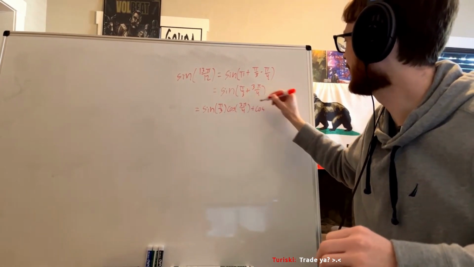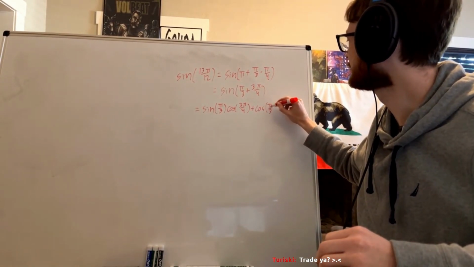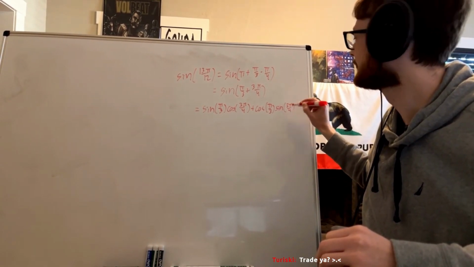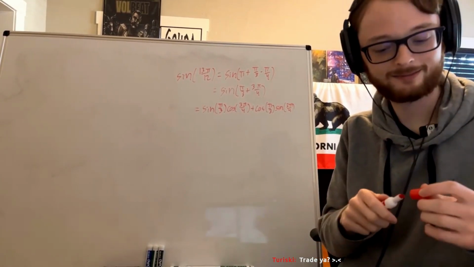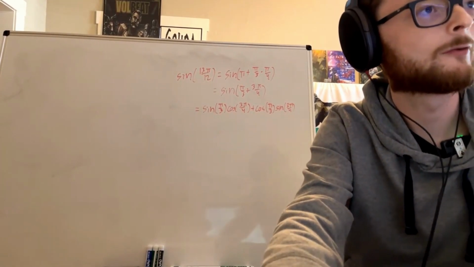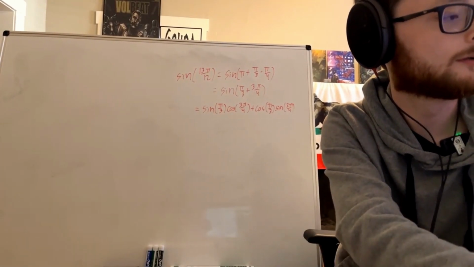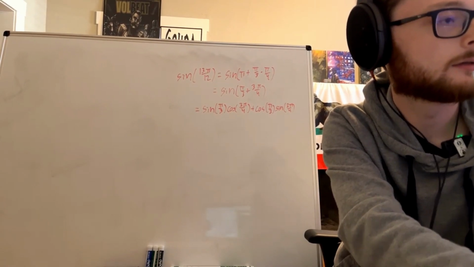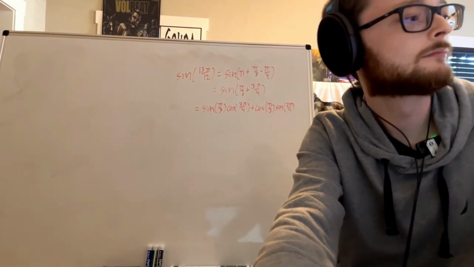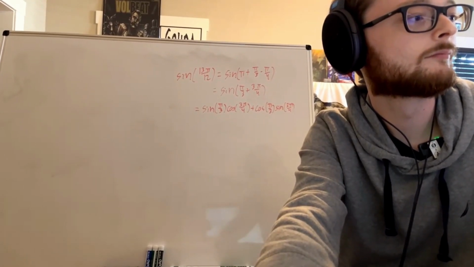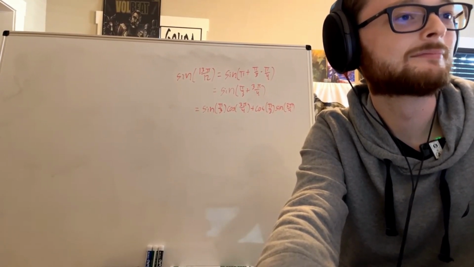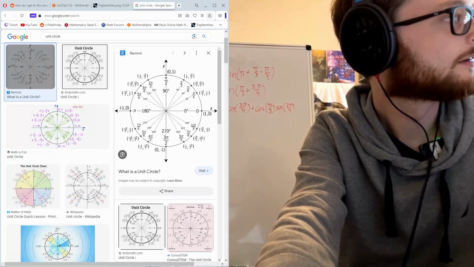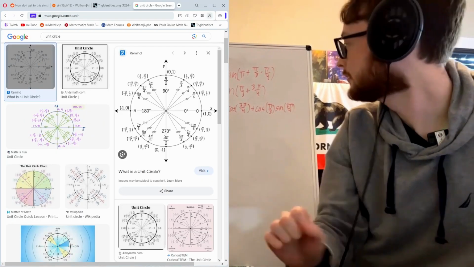Plus cosine theta. And I need my unit circle because it's not in the first quadrant for 3 pi over 4. Okay, sine pi over 3.